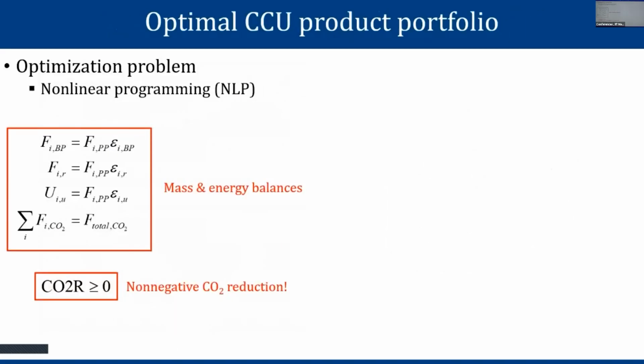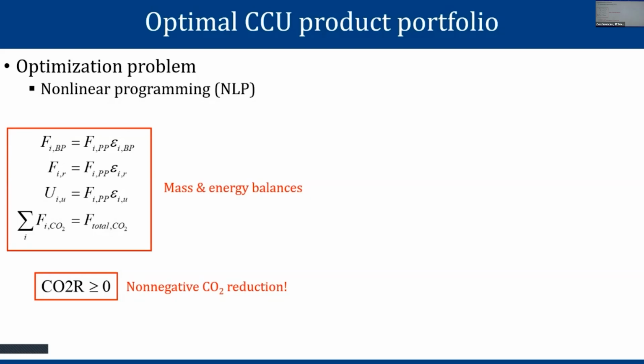So now with this dynamic supply-demand model, we can develop an optimization problem which can be solved to determine the best CCU product among 13 different CCU products.